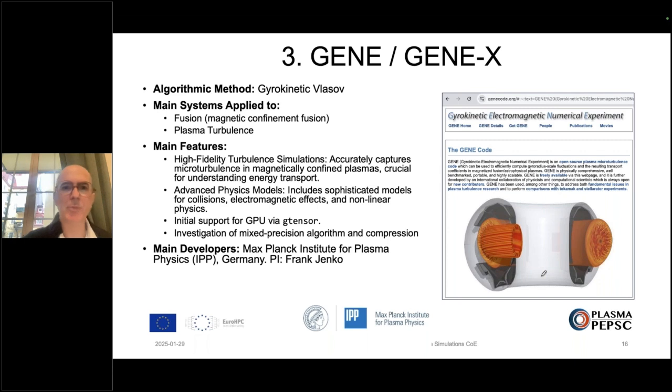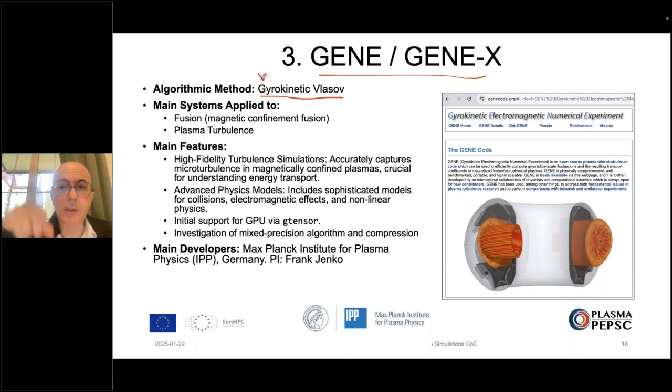So after Vlasiator, we move now to two codes that are relevant to fusion. The first one goes under the name of Gene, and GeneX in general, the Gene family, a set of simulation tools based on gyrokinetic Vlasov. The numerical scheme might change, but the basic technique is so-called gyrokinetic. This is a model that is extremely powerful whenever the magnetic field is relatively strong.